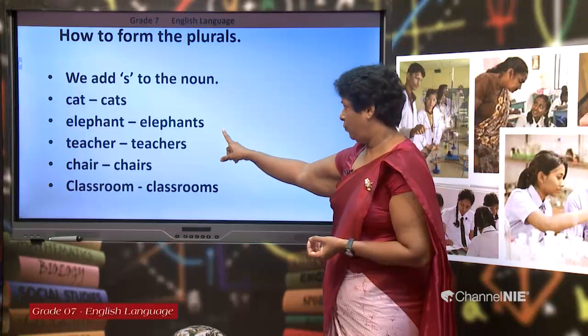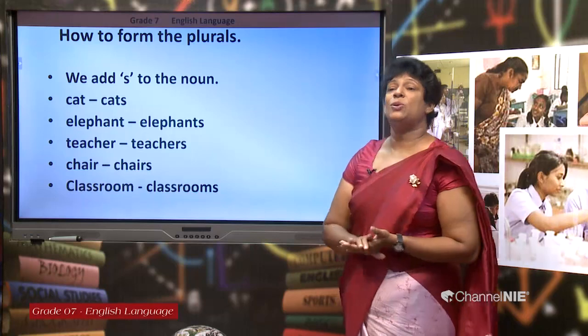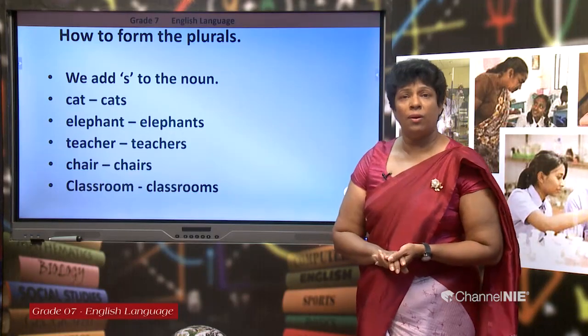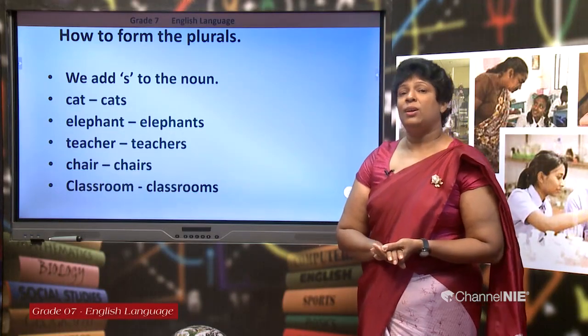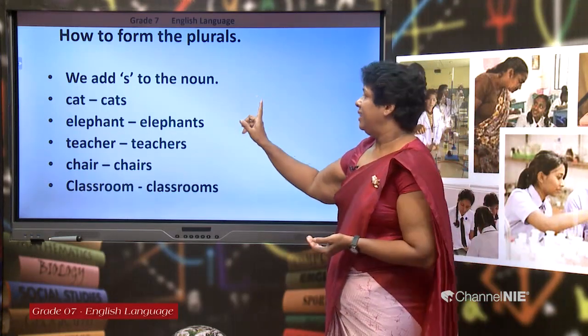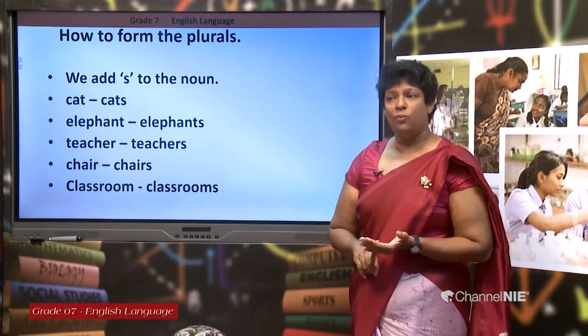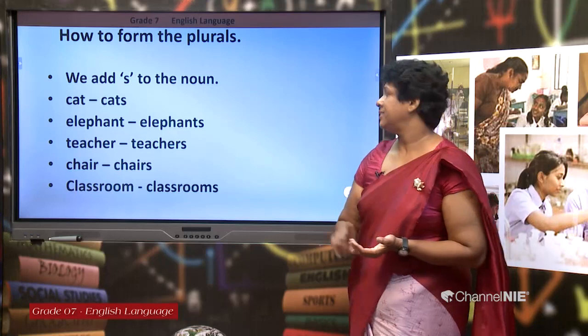Elephant, elephants. Cat, cats. Sometimes you have a pet cat at home. Sometimes there can be 2 or more cats at home. This is how we form the plural form of the noun.